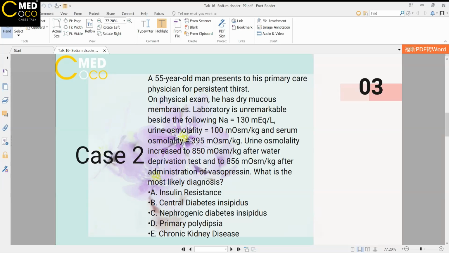Okay, so if the osmolarity increases after the water deprivation test, usually what does it tell you?